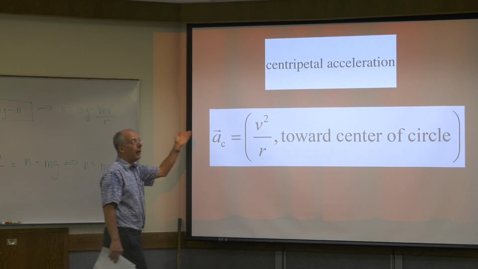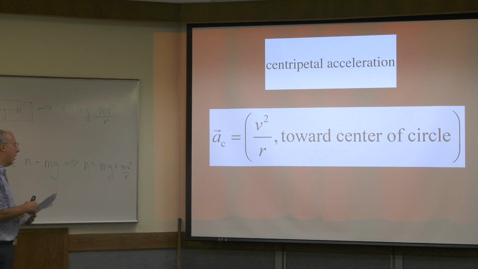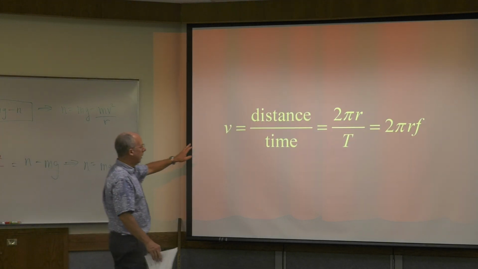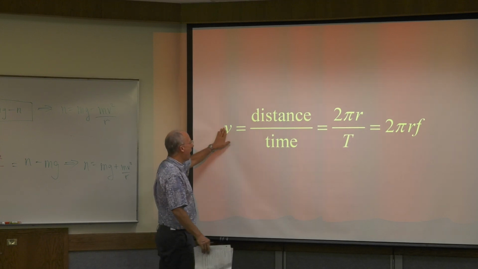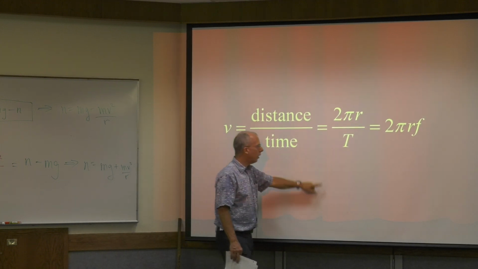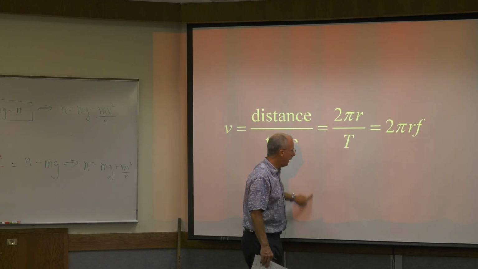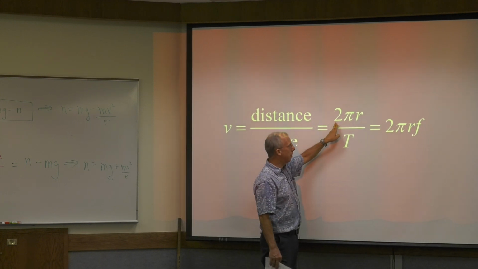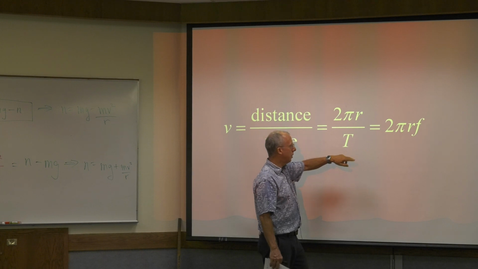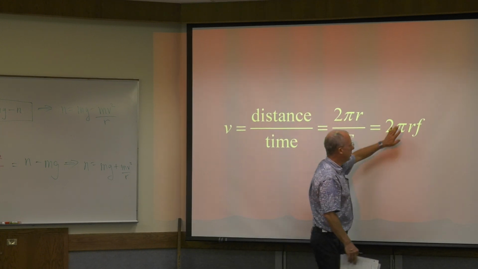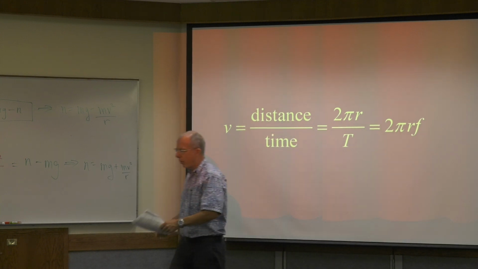You're going to see it again and again and again. It's not too hard. This is that nice formula for a circle. Okay, velocity, distance over time. For a circle, if we make the time the period, which is the time for one orbit, the distance has to be the circumference of the circle, 2 pi r. And that's equal to 2 pi rf. So whatever the problem requires, you use it.